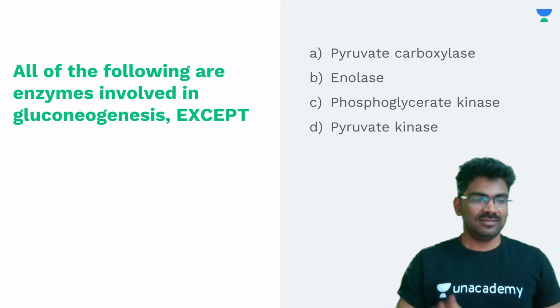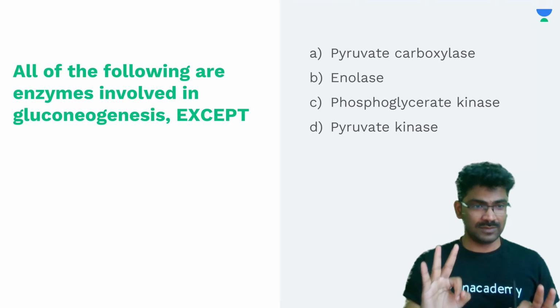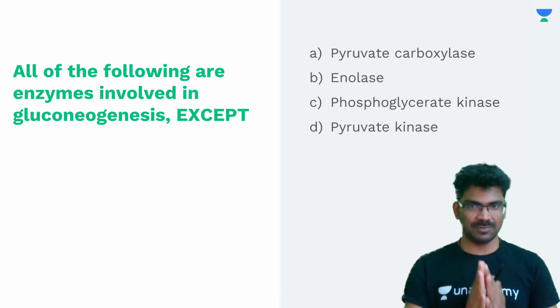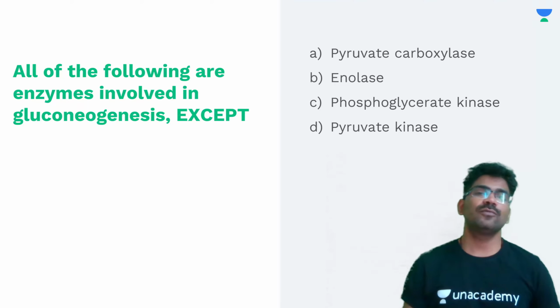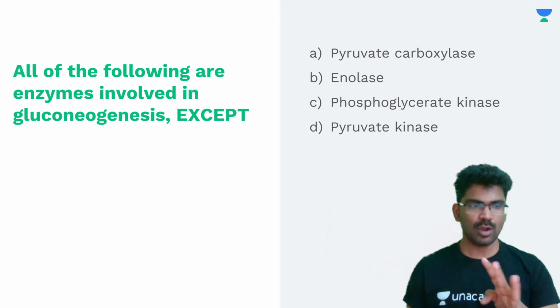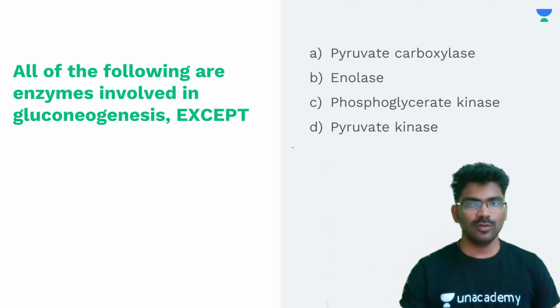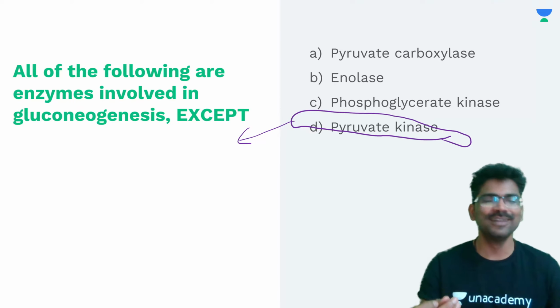There are three enzymes which are unique to glycolysis. So there are three irreversible steps of glycolysis. There are four enzymes which are unique for gluconeogenesis. Look at pyruvate kinase. This is an irreversible step catalyzing enzyme, so we simply say irreversible enzyme.